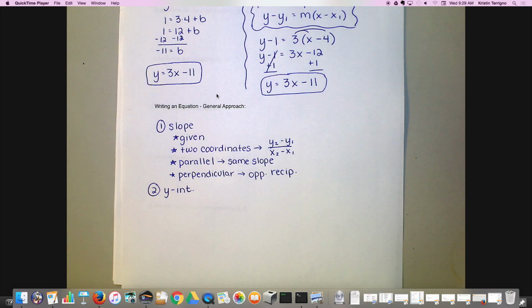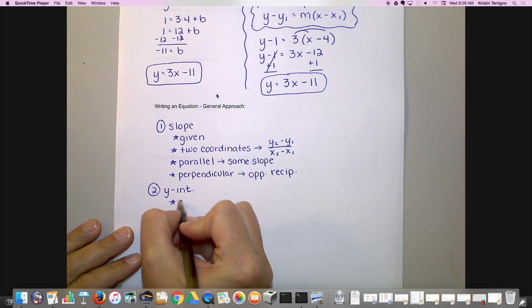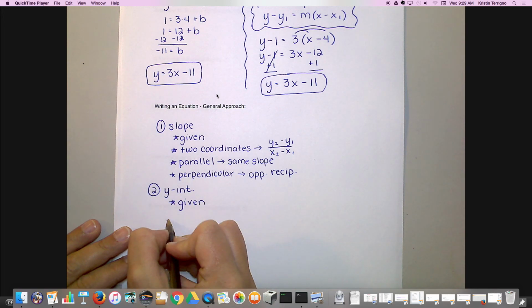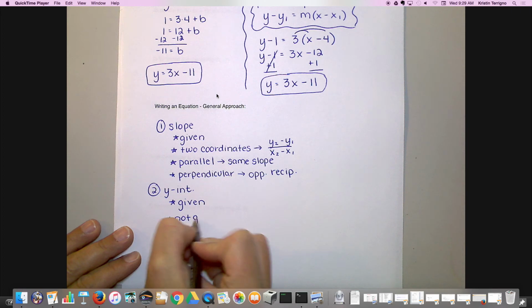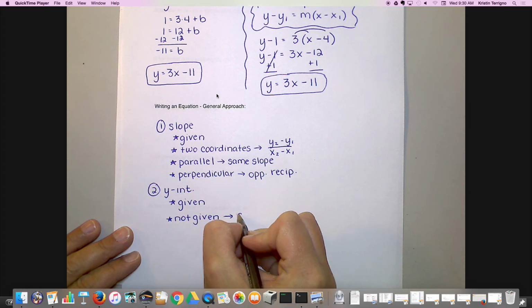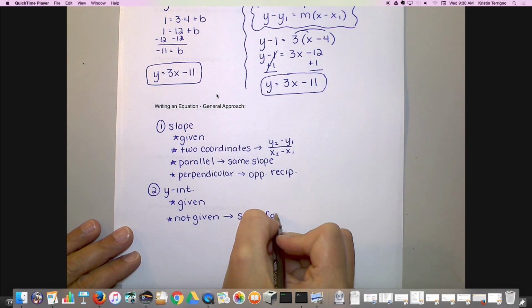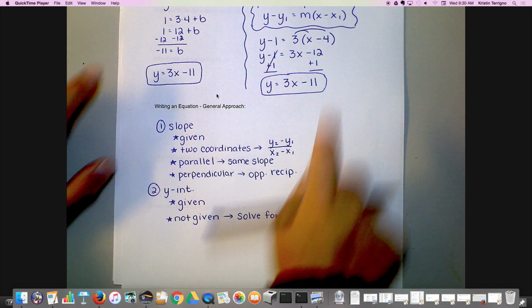Okay, for the y-intercept, it's either going to just be given, so it'll tell you what the y-intercept is, or if not given, we're going to solve for b. And you can solve for b either one of the two methods up above.